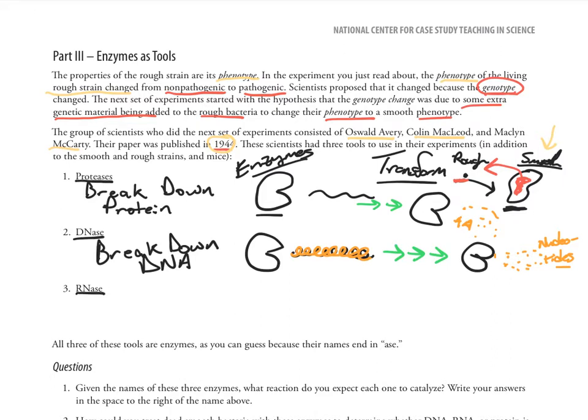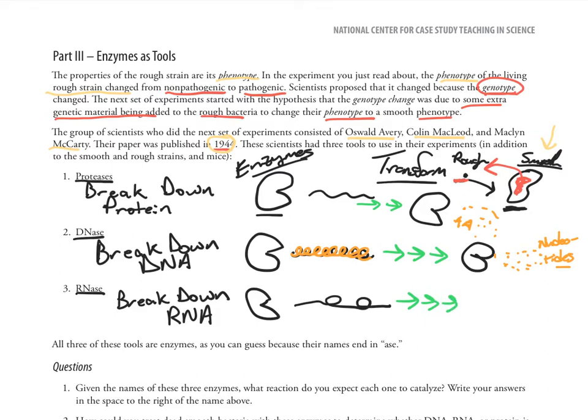And what about RNases? What do you think they do? Well, you guessed it. They break down or digest, if you will, RNA. Each enzyme has its own shape. An RNA might look like this a little bit, all kinds of different shapes. And it's usually single-stranded. But what you get in the end is a bunch of RNA nucleotides.